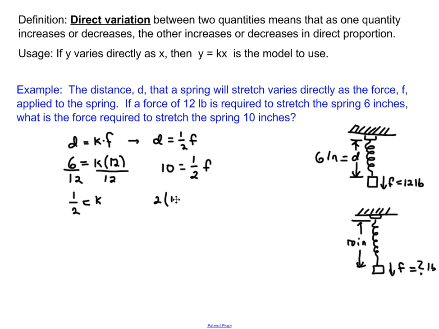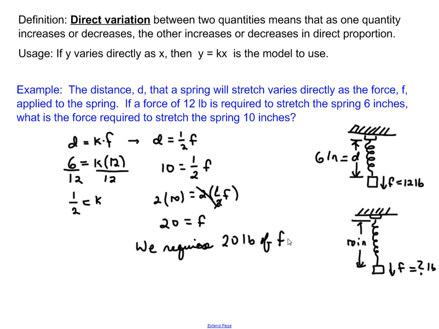So 2 times 10 then would equal 2 times 1/2 F. That cancels out on the right-hand side there, but on the left-hand side we get 20 equals F. So we require, see if I can spell that correctly today, 20 pounds of force. 20 pounds of force to stretch that spring 10 inches rather than 6 inches.